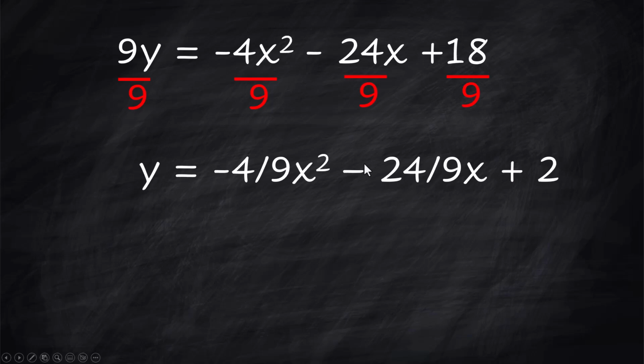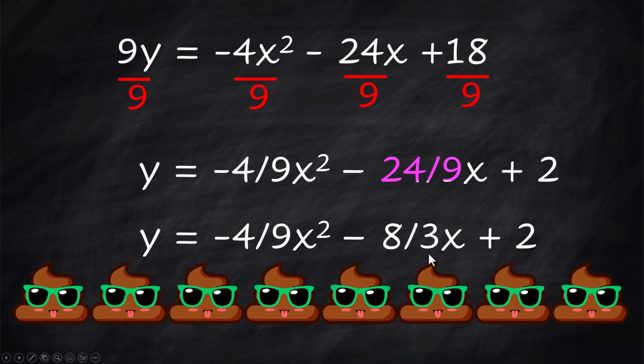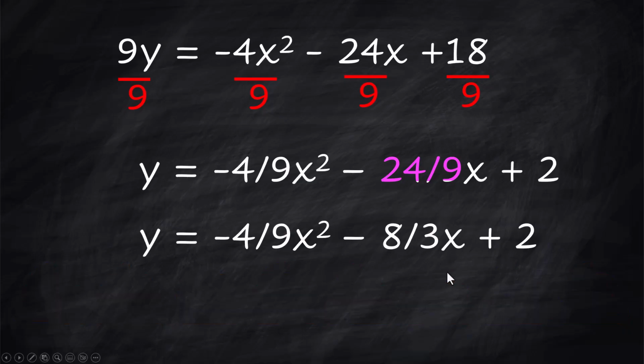And then we have 24/9 x, and then 18 divided by 9 is 2. That's nice. And you think you're done, but no. So you have to reduce that, the 24/9, and that reduces to 8/3, 8 thirds. That's turds. No wonder it stunk, right? Now you're finished.